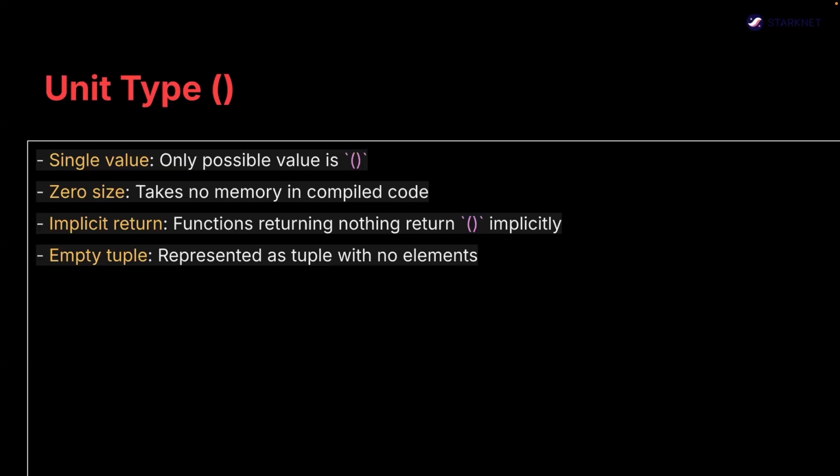If there's a variable you declare as a unit type, there is no memory allocation to it when you compile your code. So a function returning nothing returns unit type implicitly. It's represented as a tuple with no elements. So it's basically an empty tuple, right? Are you following? Is it clear?